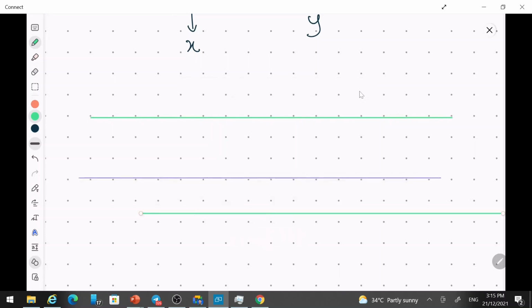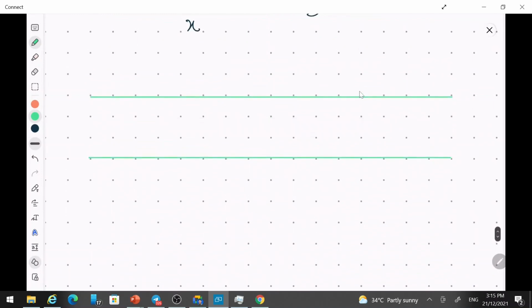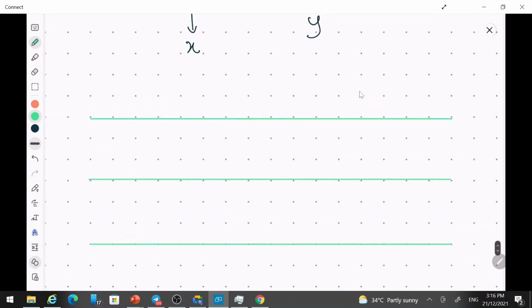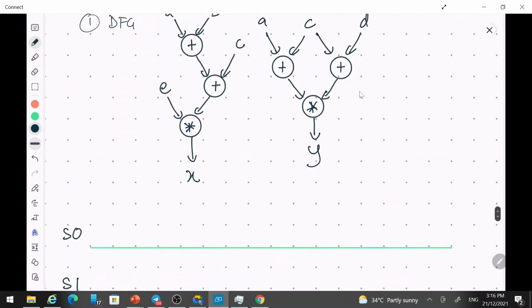So for example, this will represent cycle number 1, and this will be the next one. Let's say this is S0, this is S1, this is S2. So how to allocate this?